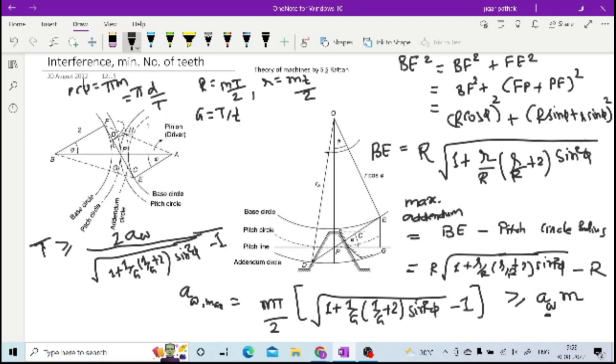If you go for the pinion, you will have the same calculations, and in that you will find for your pinion this AP max, right?